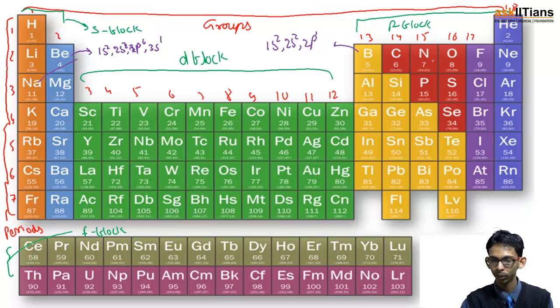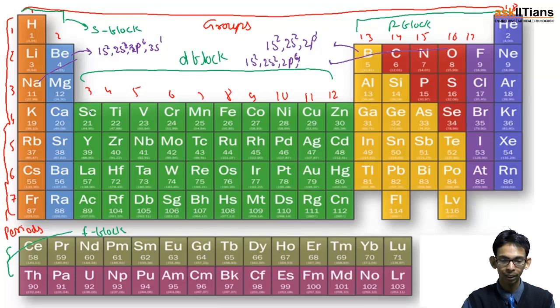If we write that for oxygen, its atomic number is 8, so it would be 1s2, 2s2, 2p4. So the last electron is entering the P subshell. So whatever is the element of P block, when we write its electronic configuration, we find that the last electron enters the P subshell. In D block elements, the last electron will enter the D subshell.